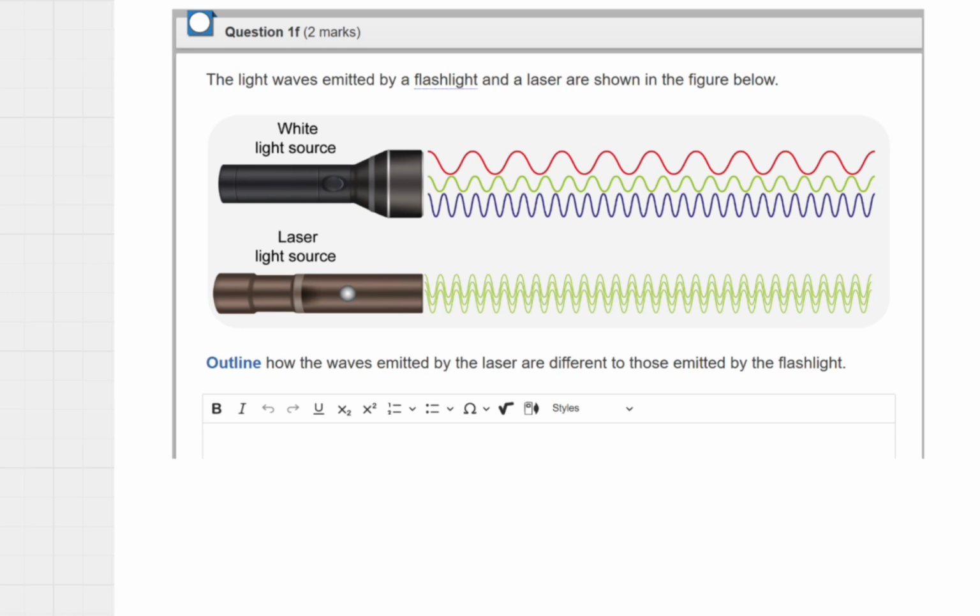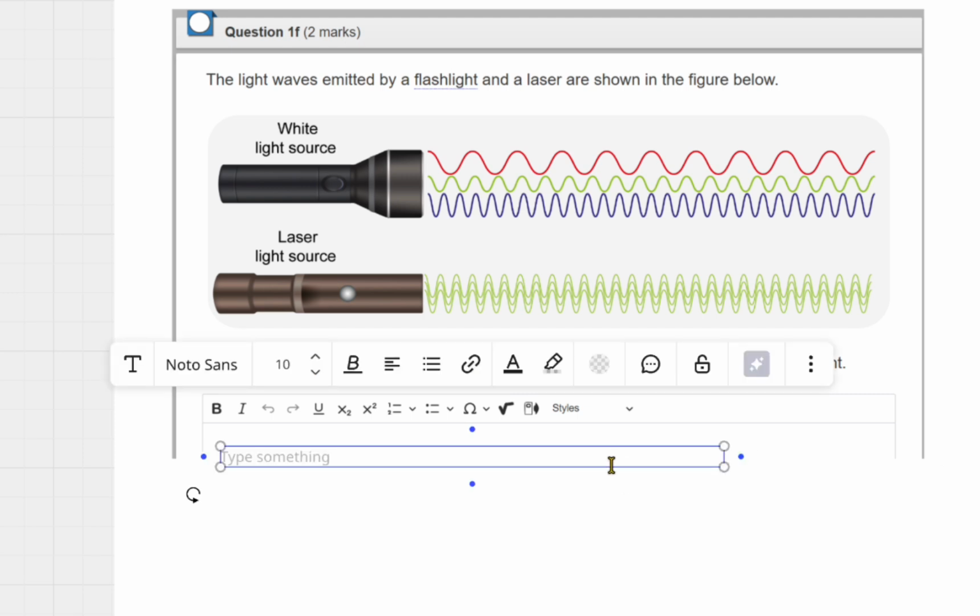And as it's forming white light, then you need a combination of different frequencies and wavelengths in order to form a white light source. And then coming to the laser light source, we see that everything has the same frequency and the same wavelength. So it's not completely different types of other waves and other frequencies. So let's just write that.